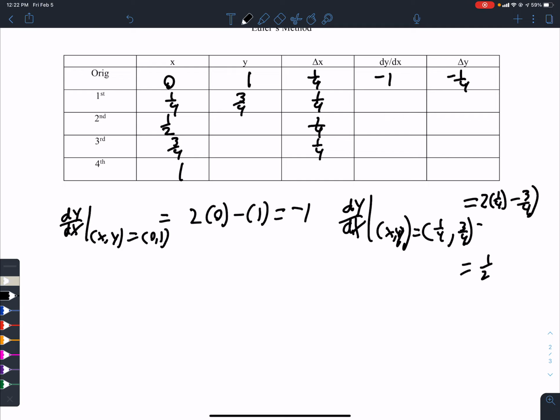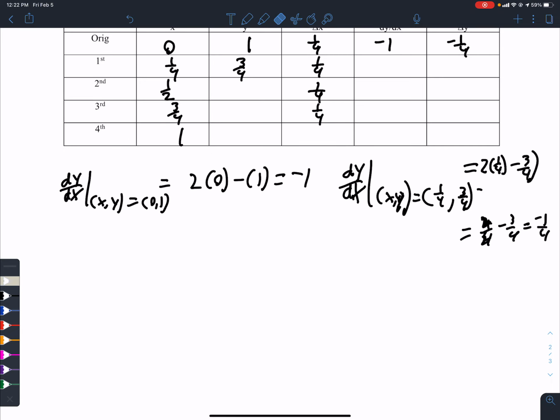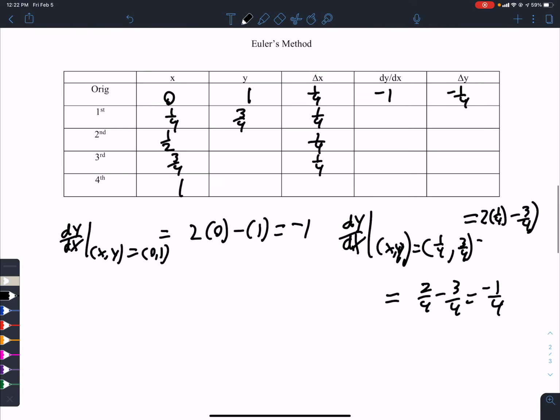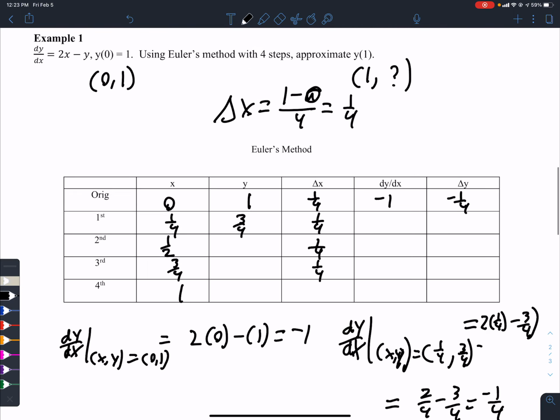I'll do 1/4, 2/4. 2/4 minus 3/4. Oops. That's negative 1/4. Is that right? I was so sloppy. Let me do that over again. So this will be 2/4 minus 3/4, which is negative 1/4. So dy/dx is going to be negative 1/4.